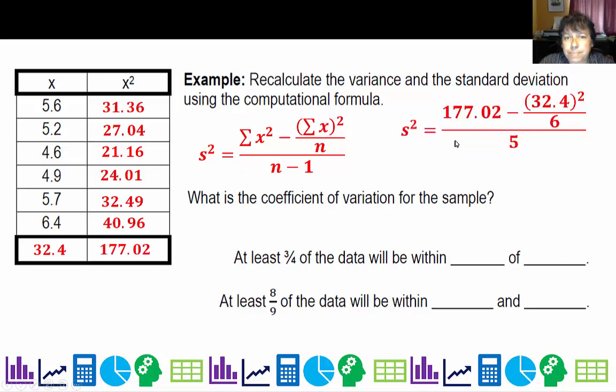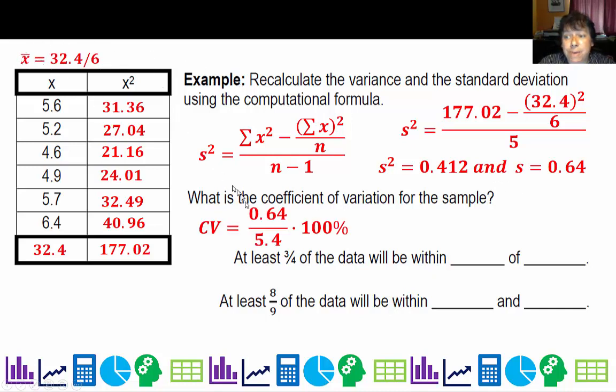Substitute them in, and I get s squared is 0.412, and the standard deviation is 0.64, the same thing we got before. Now, let's go ahead and do the coefficient of variation since we're here. And I do need the mean for that, which, as you may recall, was 5.4. So 0.64 divided by 5.4 times 100% is 0.119, or 11.9%.